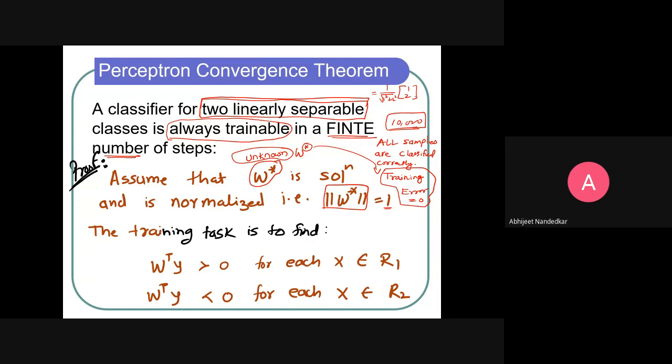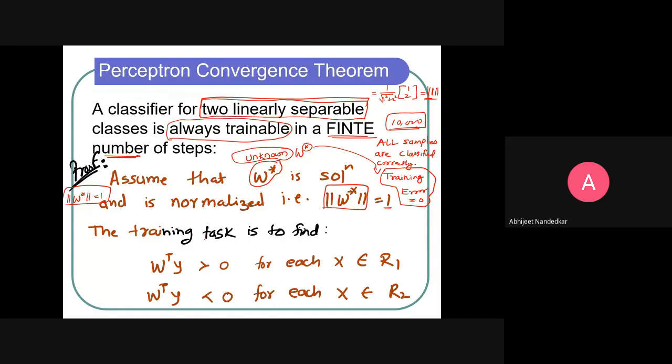Whatever it is, you just compute, and that will have length equal to 1. So norm of this will be equal to 1. So this is done. That means you have a W star weight vector as a solution, and you make the norm of that equal to 1.